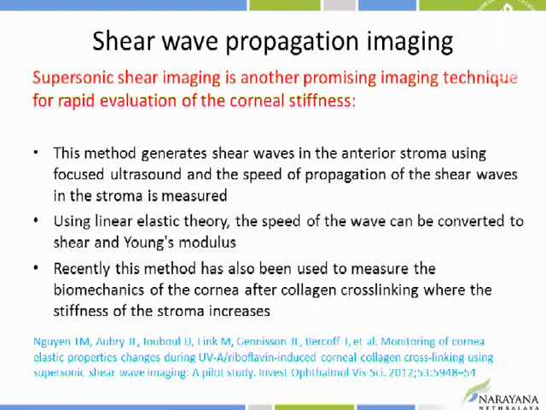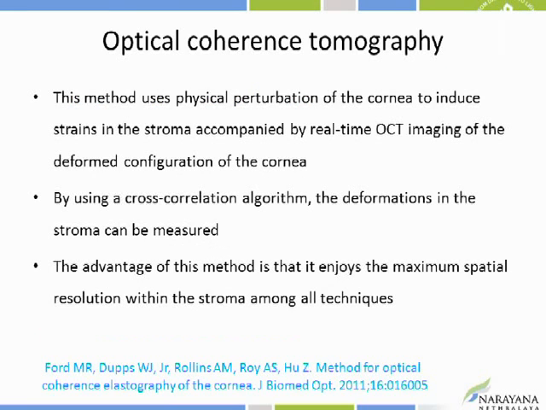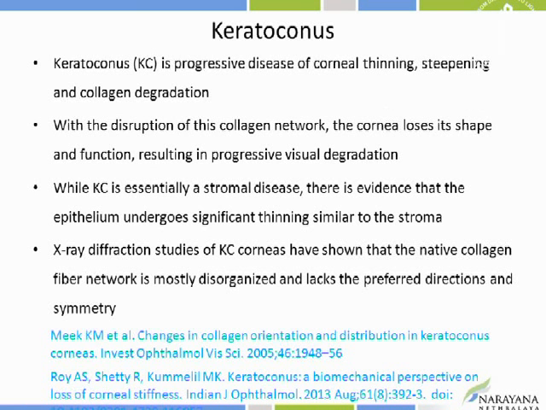There are other ways of measuring corneal biomechanics other than these two, but these are difficult to understand, so not frequently used also. So there are shear wave propagation imaging and OCT, which uses special software for that. Anyway, here I will be talking of the use of corneal biomechanics in corneal pathologies.